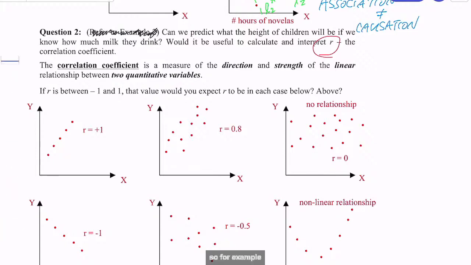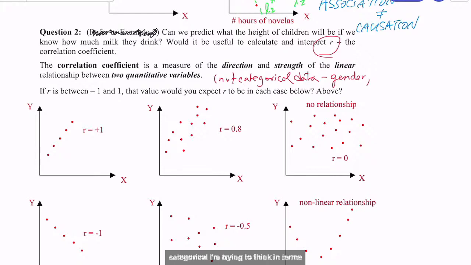They can't be categorical data like gender. I'm trying to think in terms of finance. I'll just leave it like that. That's my best example.